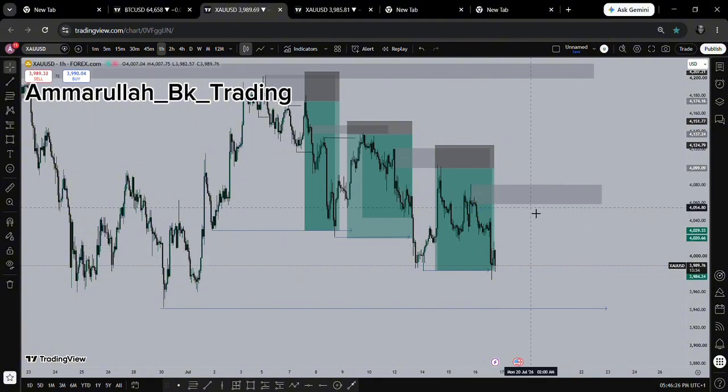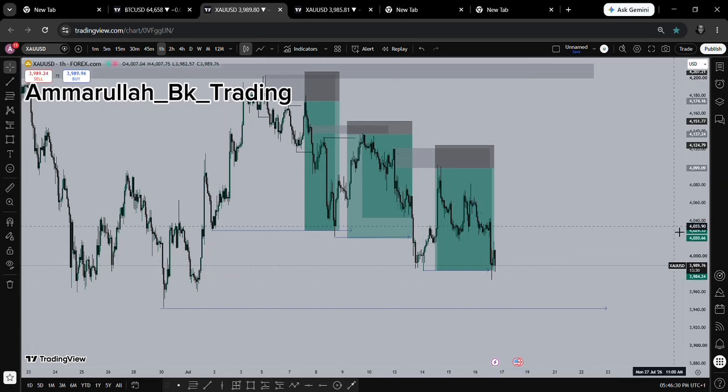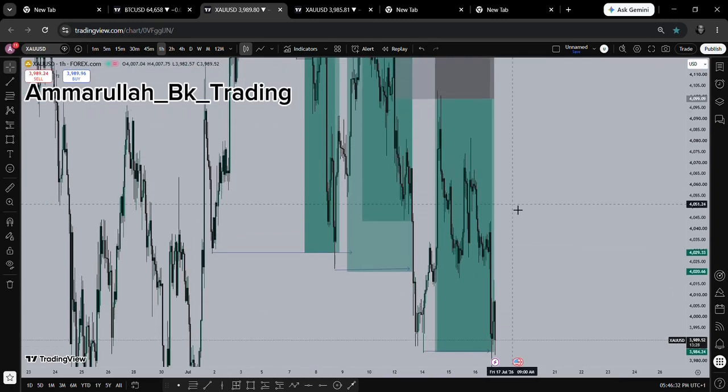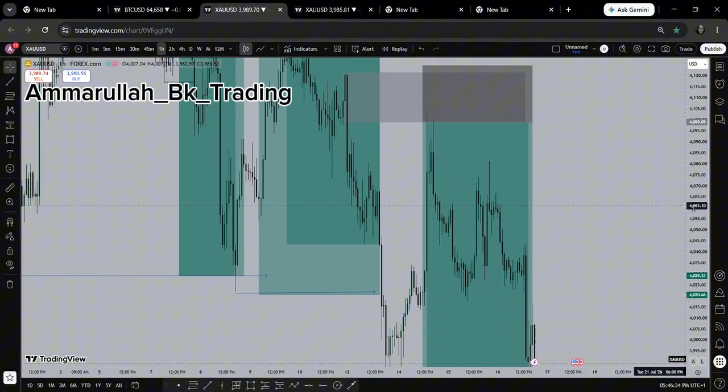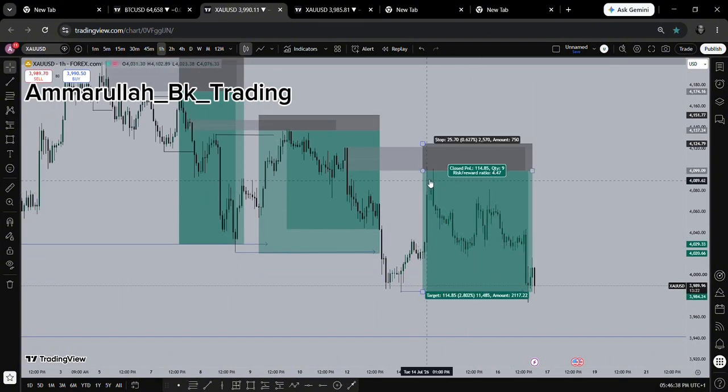Because that is the last tallest candle during this move, right? If you can see from this place to this place, everything is now balanced because of this particular candle. After this drastic move, the market did a first reversal, which is an inducement.